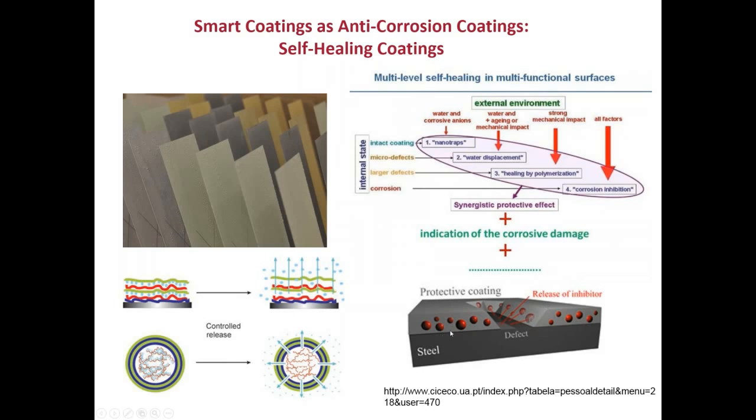Thus, you prevent one element, again, of the corrosion trinity, which is basically preventing the corrodant from reaching this steel or the metal material in the first place.